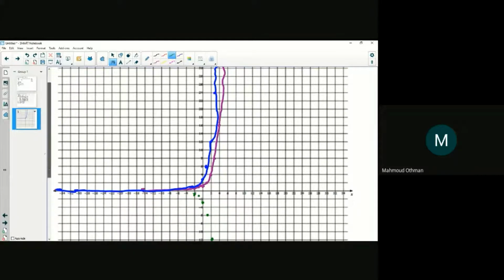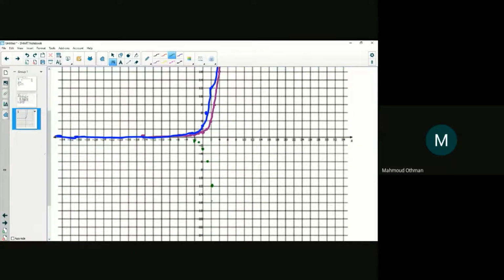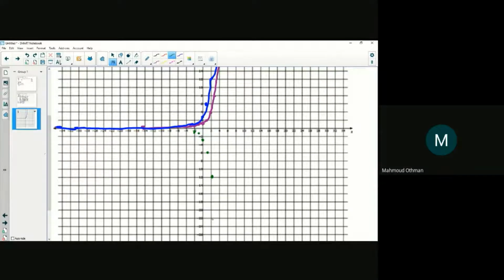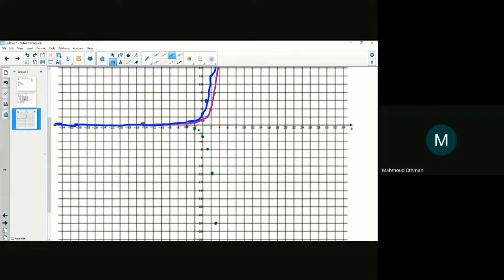I'll scroll down. And that's about all I could get on this graph.